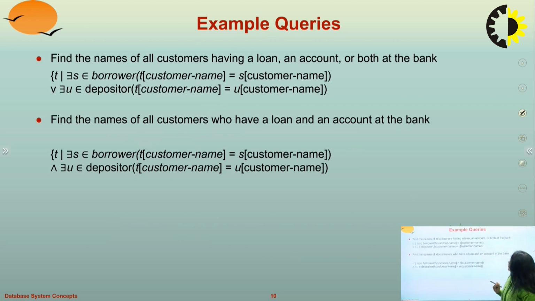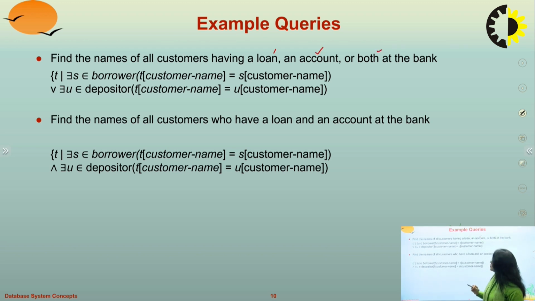Okay. Now, the next example we can take: find the name of all the customers having a loan and account or both at the bank, right? So how will we write such queries? We find the name of all the customers having loan and account or both.